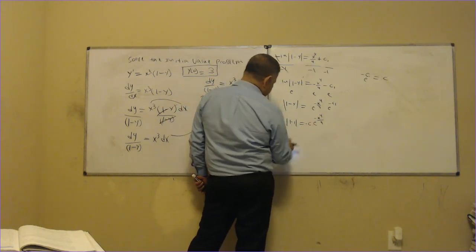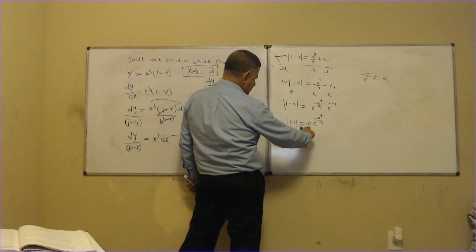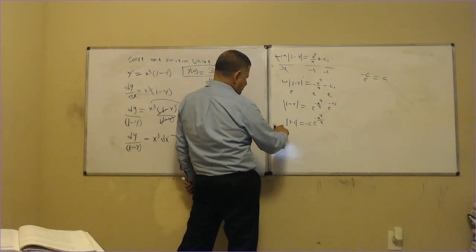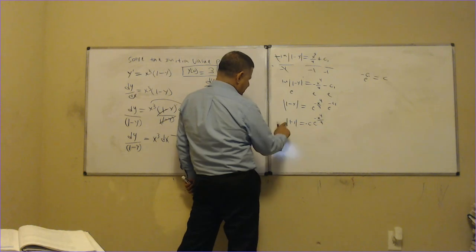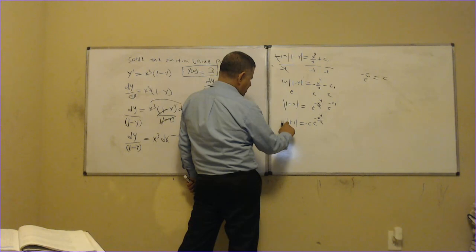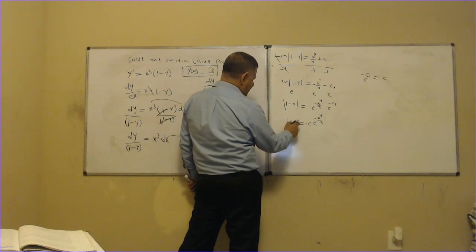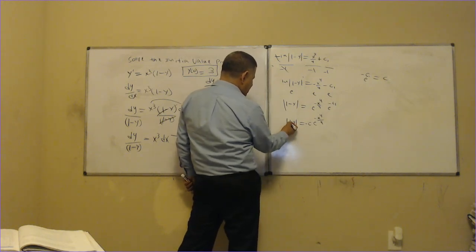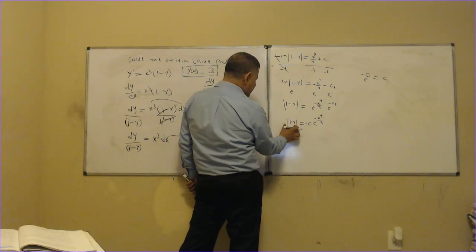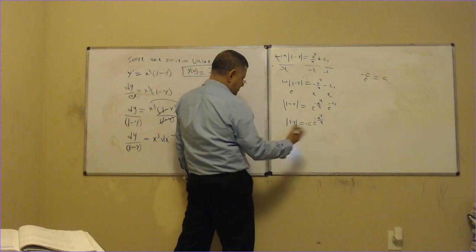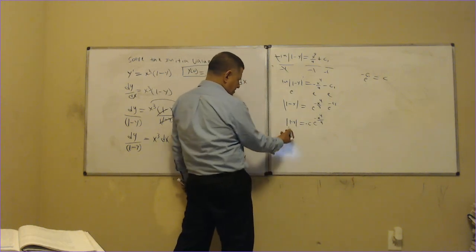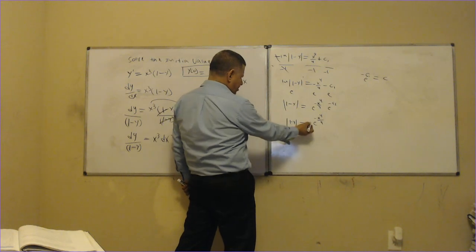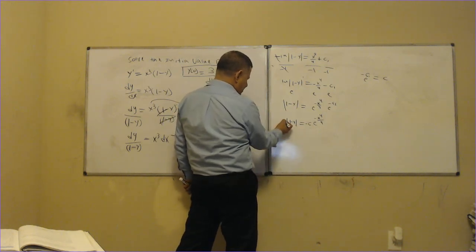Now, if I divide by C on this side, you put a C right here, and then you move that to here. Take the absolute value of this, you pull it out, and that makes that absolute value statement true, right? But taking the negative sign, you move it over here.